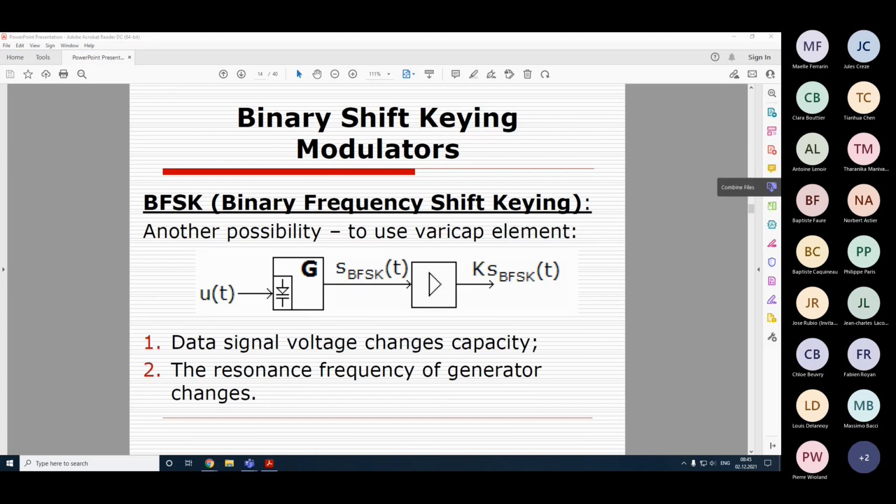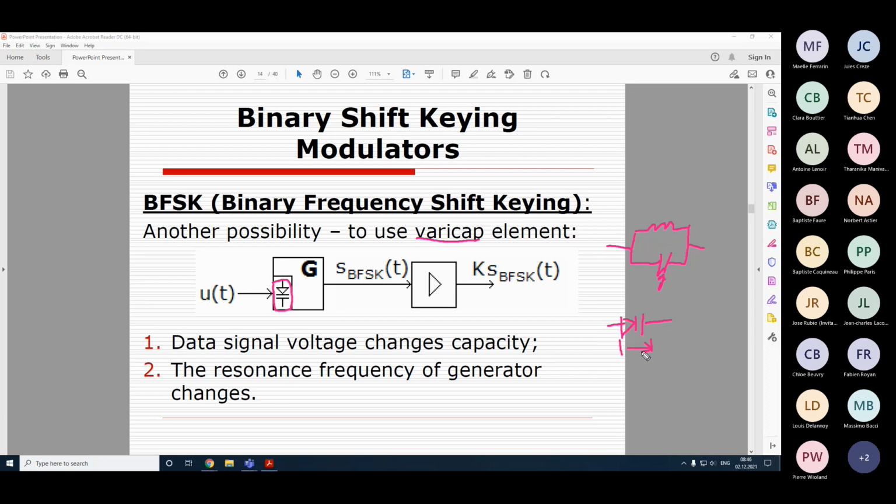Now, there is also an additional approach. Each of these generators, as you know, contains a resonance loop, which has capacity. And we know some semiconductor element also having a capacity which depends on the signal. This is called a varicap. The idea of this varicap is that it has different capacity depending on the voltage.